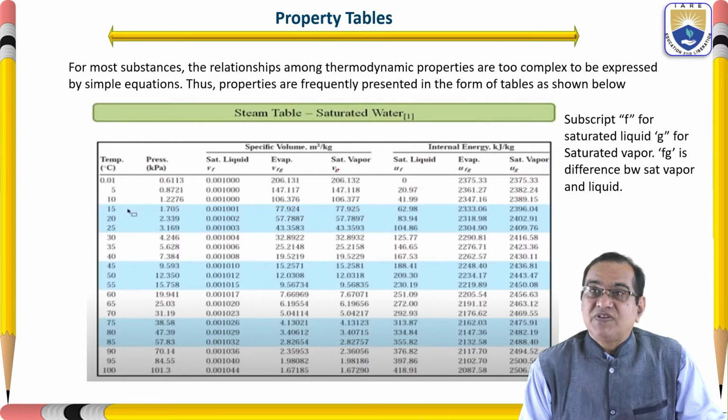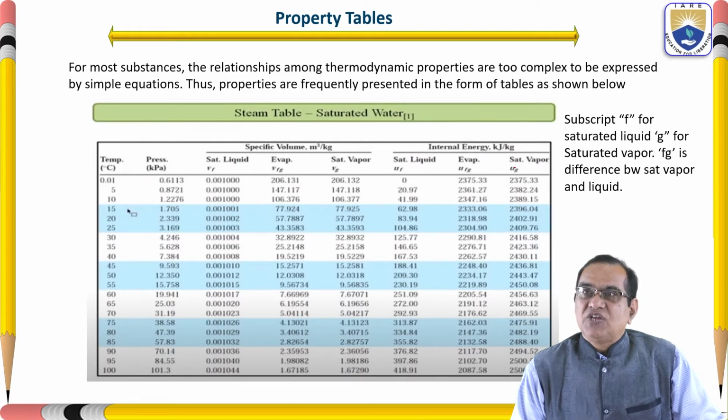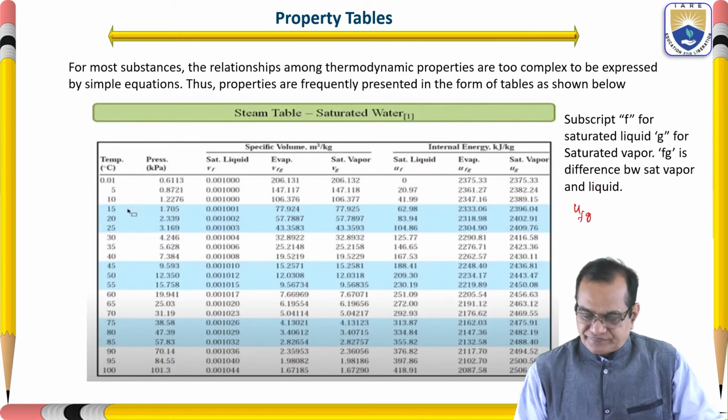The difference Vg minus Vf is called Vfg, the difference between saturated vapor and saturated liquid. Another property is internal energy, kilojoule per kg. Here also uf means saturated liquid internal energy, ug is saturated vapor internal energy, and ug minus uf is equal to ufg.